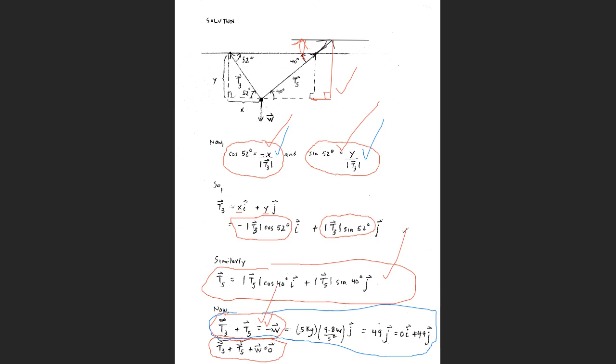Of course, the mass of the holiday decoration is 5 kilograms, and the weight due to gravity uses 9.8 meters per second squared. And so tension T3 plus tension T5 equals negative the weight vector, and that's going to have to equal 49j. Are you okay with that?